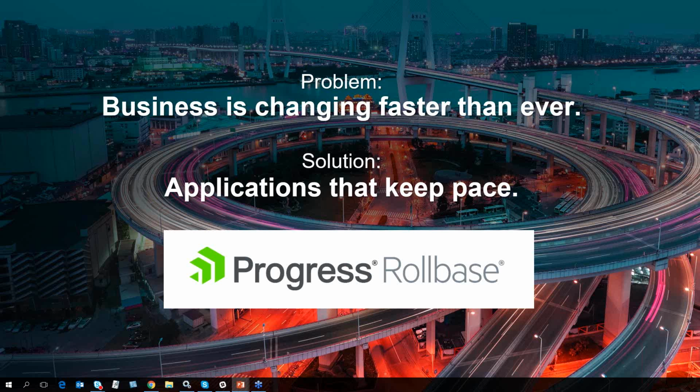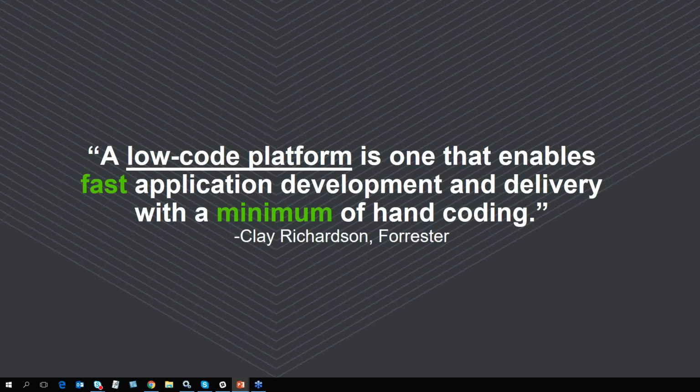And fortunately, we at Progress think we have a solution to that with Rollbase, which is our low-code platform for end-to-end development. A low-code platform is one that enables fast application development and delivery with a minimum of hand coding.